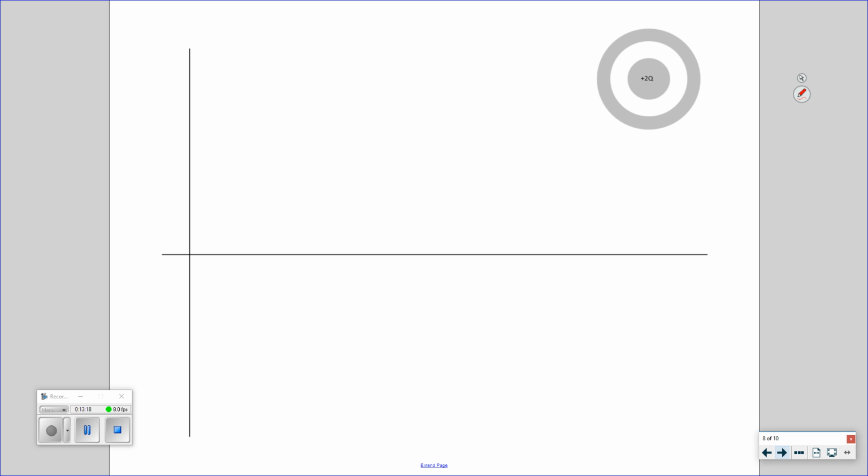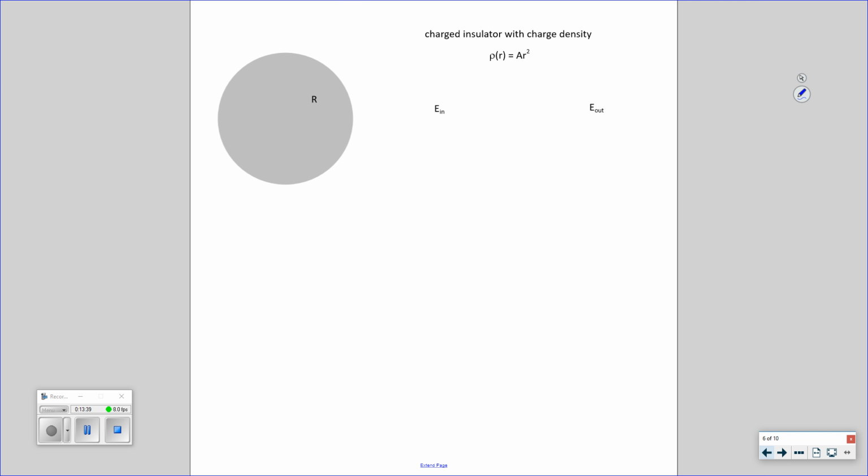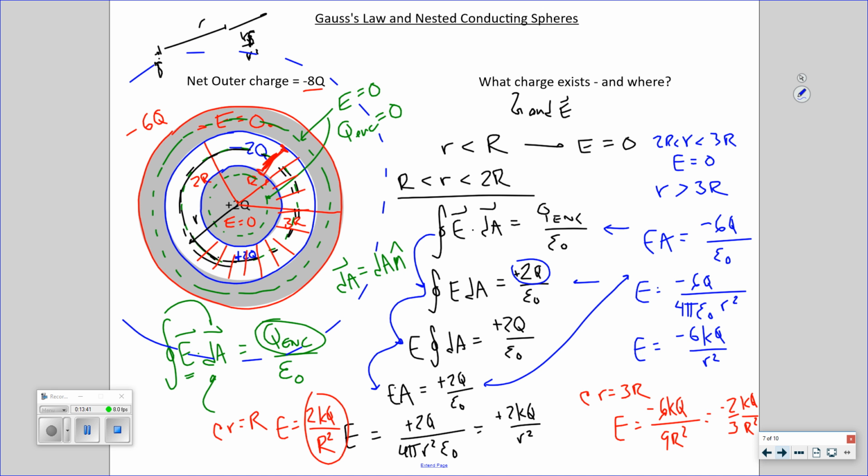Here's a plot of E as a function of r. There are some important places, like here's radius R, and there's 2R, and there's 3R. That allows us to say what's out past that. And remember, the biggest the field gets is positive 2kQ over R squared.